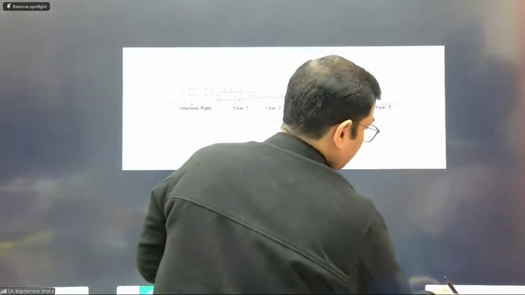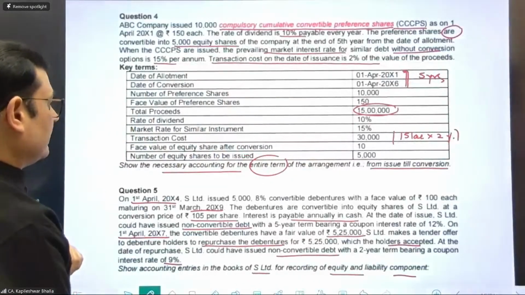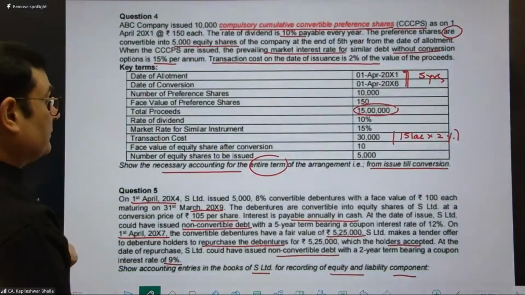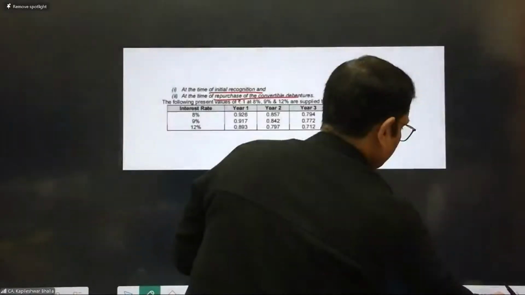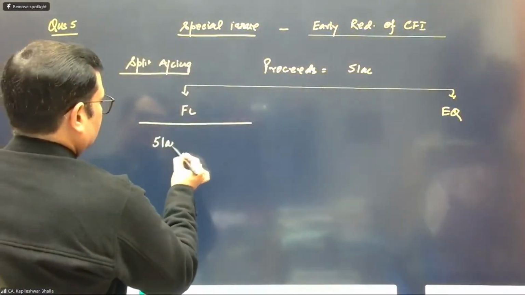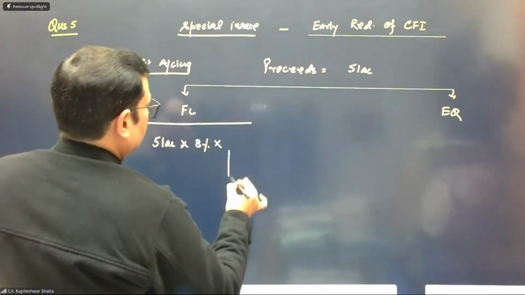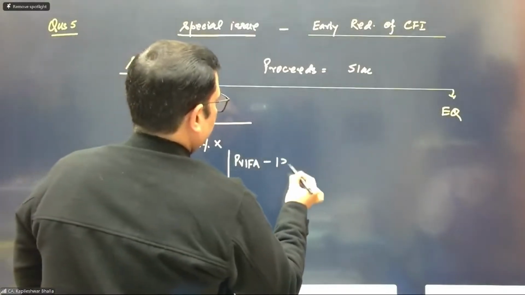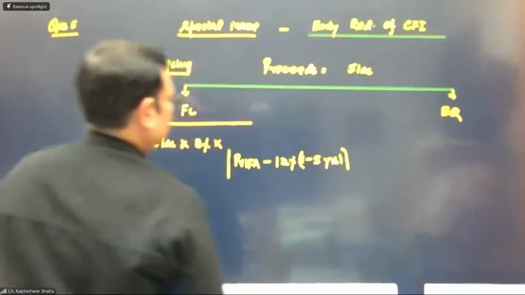So let's see what the coupon rate is. The coupon rate is 8% and the redemption is going to be at 105, that means at a 5% premium. This is for a period of 5 years. So let's consider on 5 lakhs: 8% is the coupon rate and we need the PVIFA at the rate of 12% for a period of 5 years.